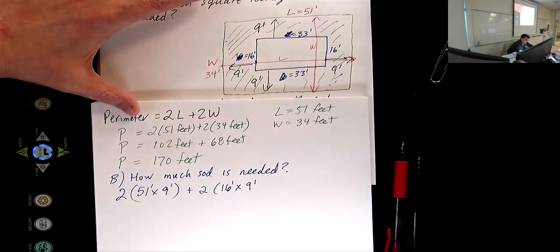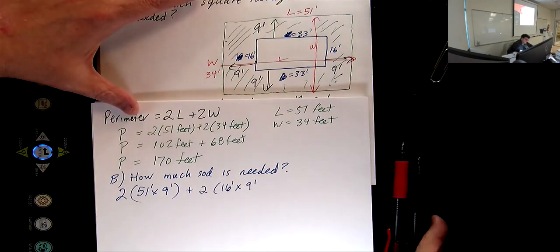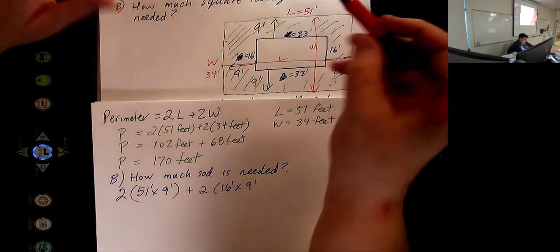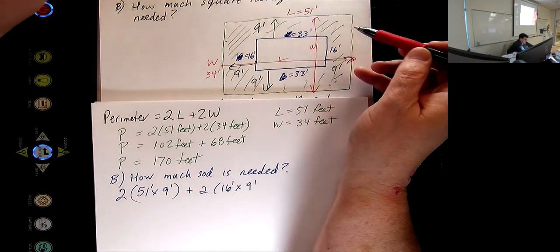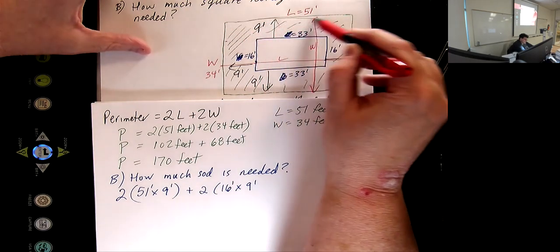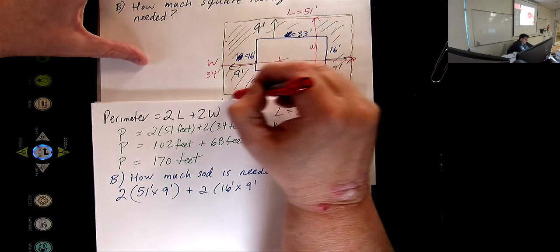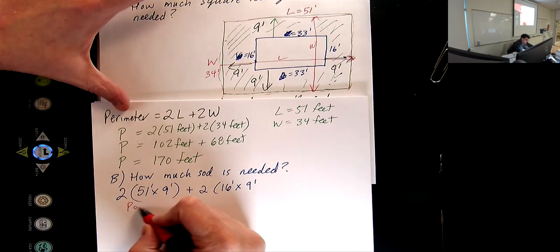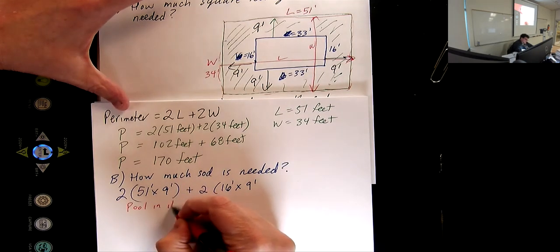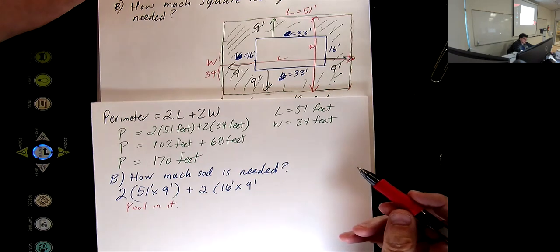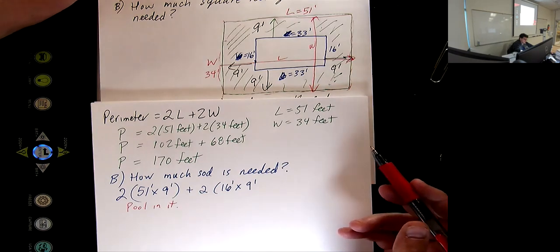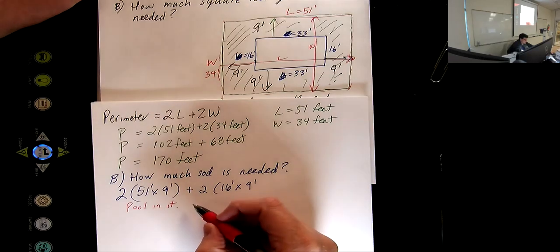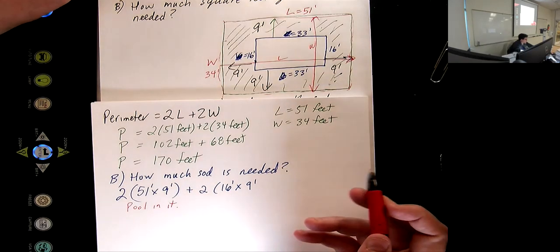No, the 51 times 9 is the entire thing, including the pool. So this has the pool in it. What would we make that little bit? That's what I'm trying to think in my head. Couldn't you just do 9 times 4?